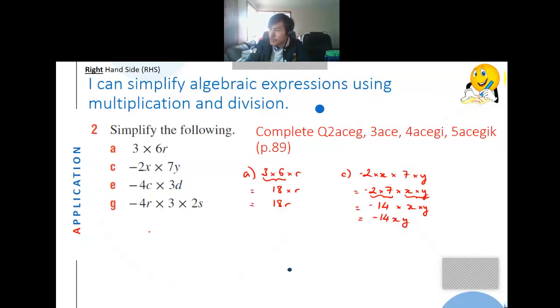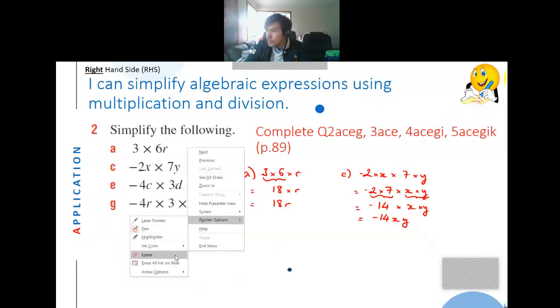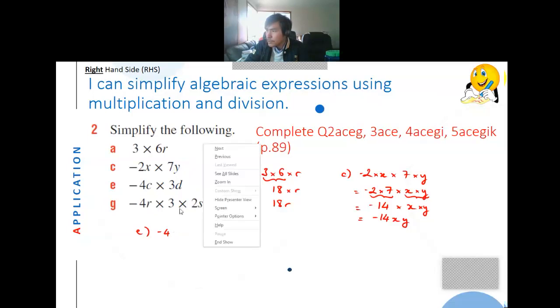Next, we've got e. So we have -4c, or -4 times c times 3 times d. This is very, very similar to c.